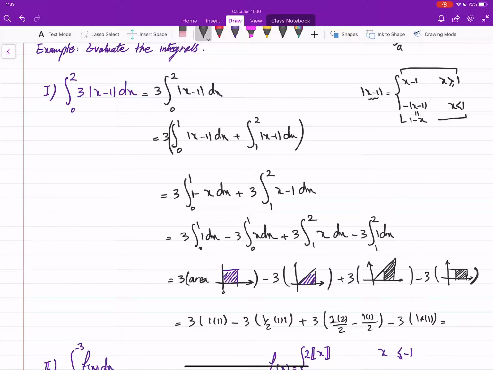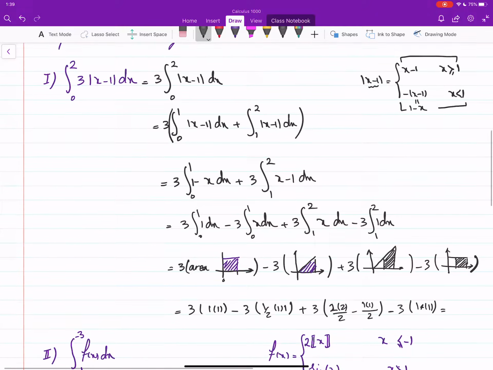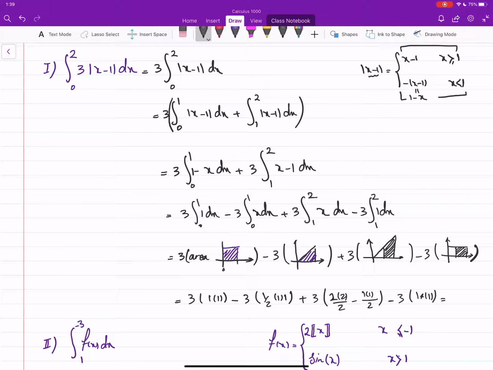And if you compute these numbers, this is 3, this is 3 over 2, and this one is going to be 3 over 2 times 9 over 2 minus 3, all will go to 6 over 2, which is equal to 3.